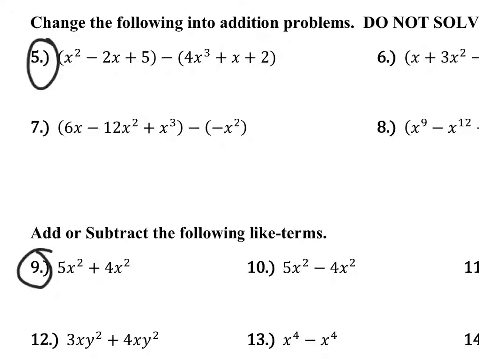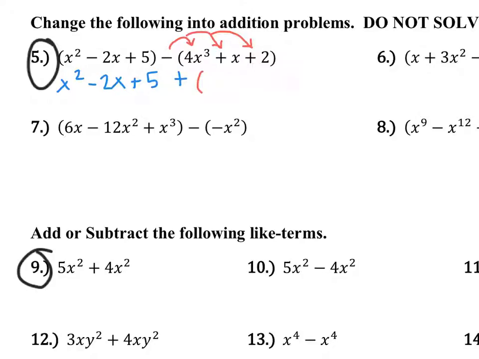This piece right here, the minus this second term, we just need to distribute this negative, and then we can add all those terms. So that's going to start with us keeping the first term the same. So it's going to be x squared minus 2x plus 5. And then we want to add this second term.